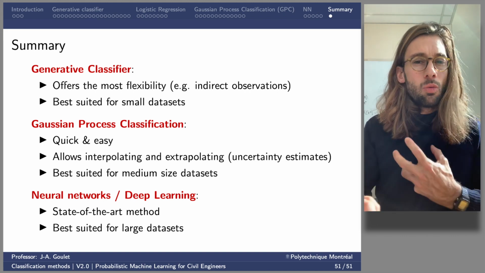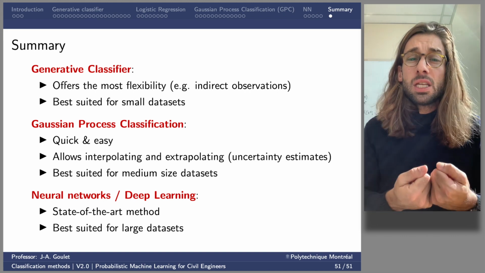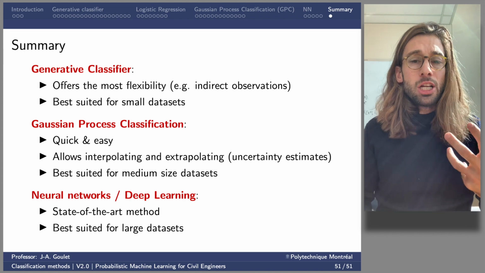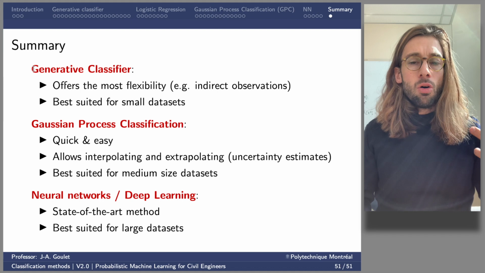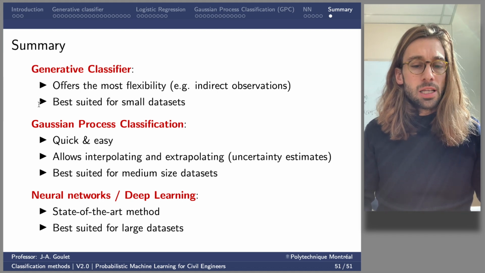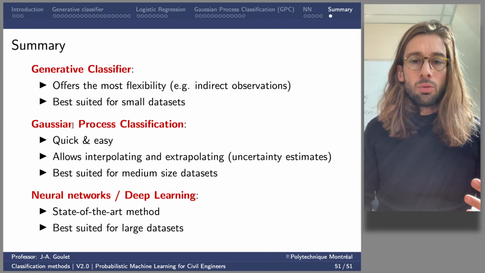Okay, so depending on what regime you're in, what the specificities of your problem are, you might choose what is best suited for you, either a generative classifier or a discriminative classifier such as GPC or a neural network.